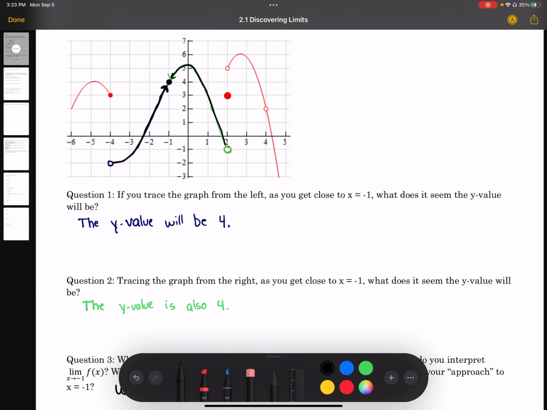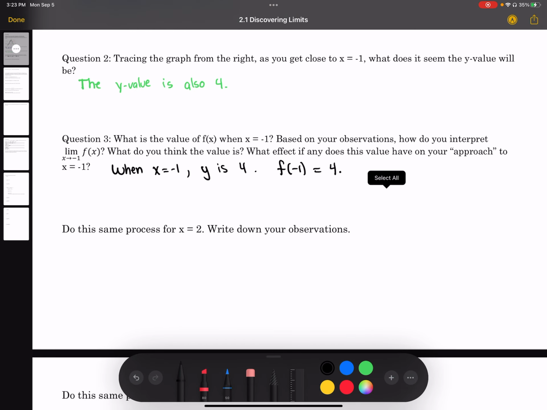We were going in the same direction. So both directions gave the same y value. Okay, maybe good to know. Now pause the video, do this for x equals 2, and write down anything that you observe.